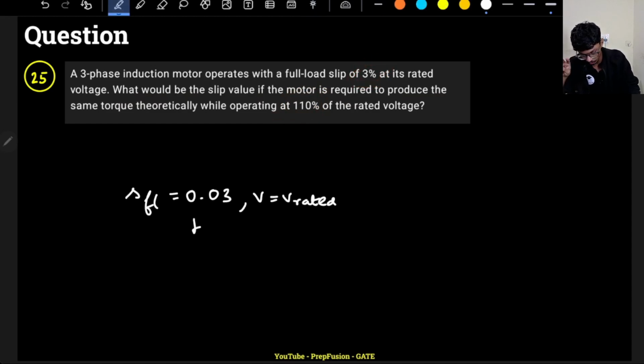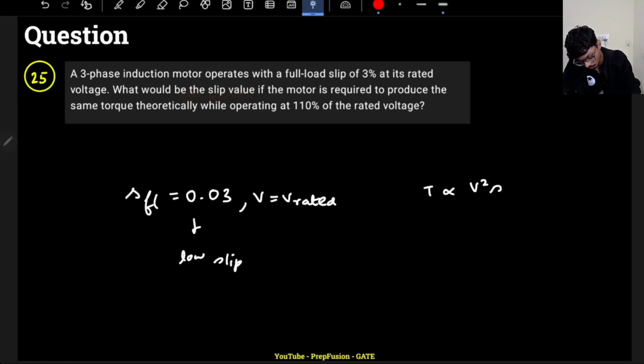This is in the low slip region. I will not derive it over and over again. If you remember, in the low slip region, my torque is proportional to V square S. What are they asking? What will be the slip value if the motor is required to produce the same torque while operating at 110% of the rated voltage?